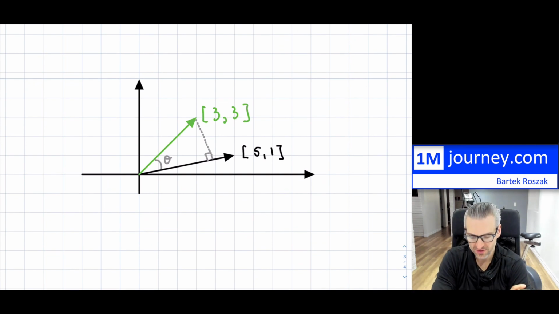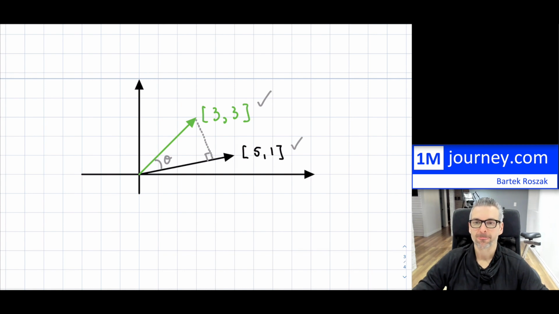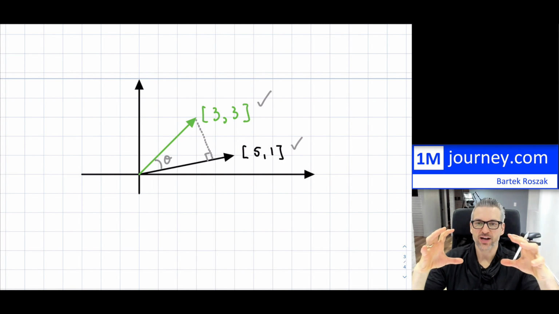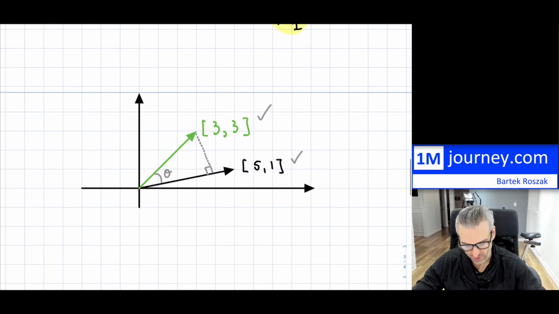If I have these Cartesian coordinates, I can find that projection and what that vector is. So I just want to do this for you.